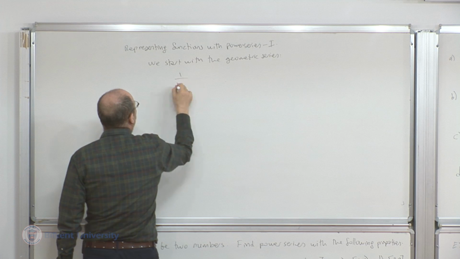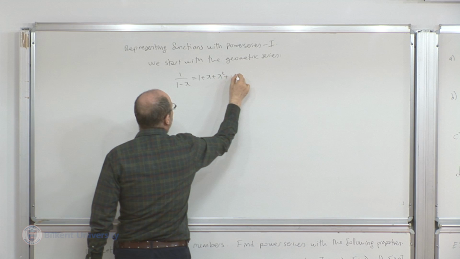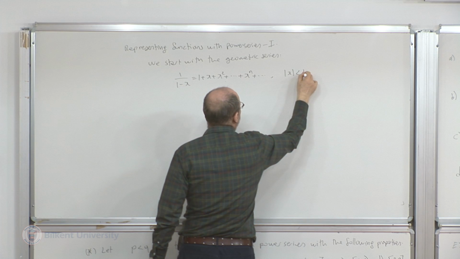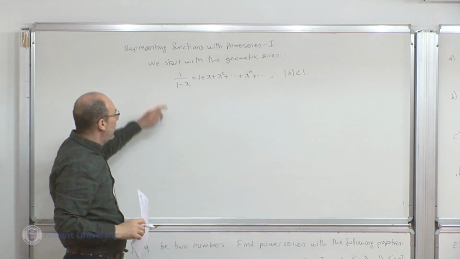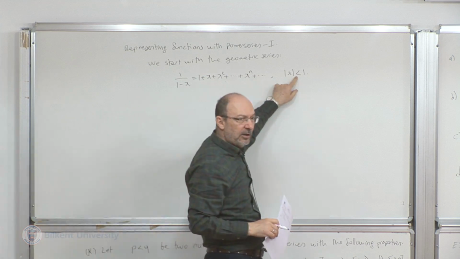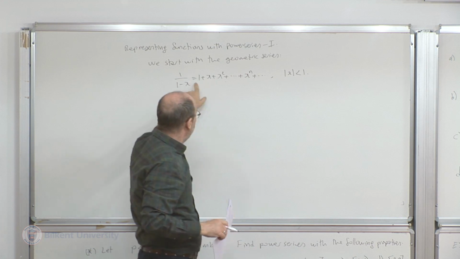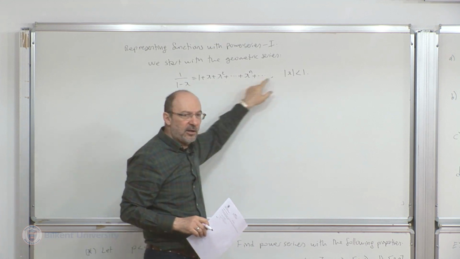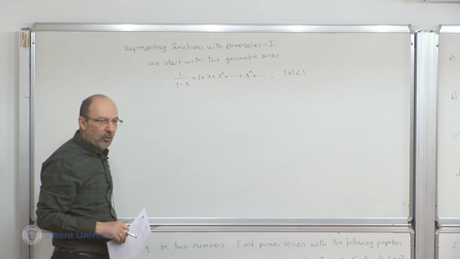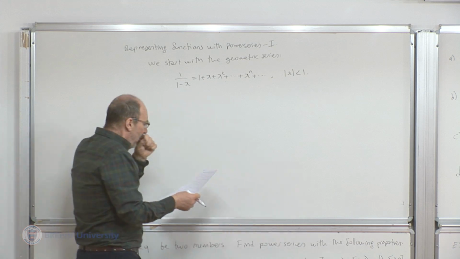So 1 over 1 minus x is equal to 1 plus x plus x squared plus, with general term x to the n, and this holds for absolute value of x less than 1. Every time you write or read a power series, this part is an essential part of it. It tells us this makes sense only for these x. If you attempt to put larger numbers there, you don't get equality anymore.